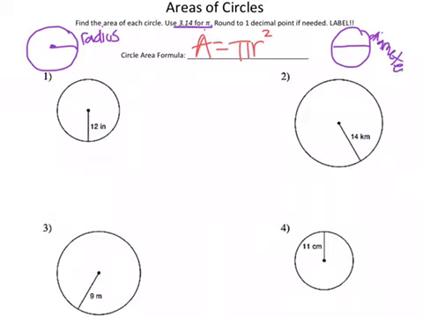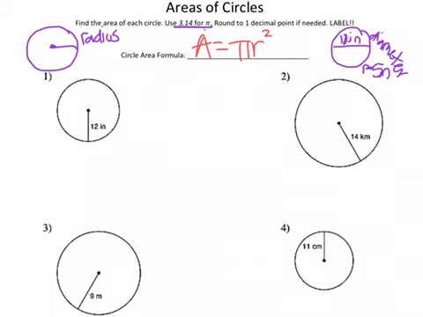Sorry, it's a little messy. The diameter is twice as long as the radius. So if we're given a diameter, we need to cut it in half so that the radius is given. So say this diameter is 10 inches long. Well, we're going to cut it in half so the radius is equal to 5 inches. The radius is always half of the diameter.